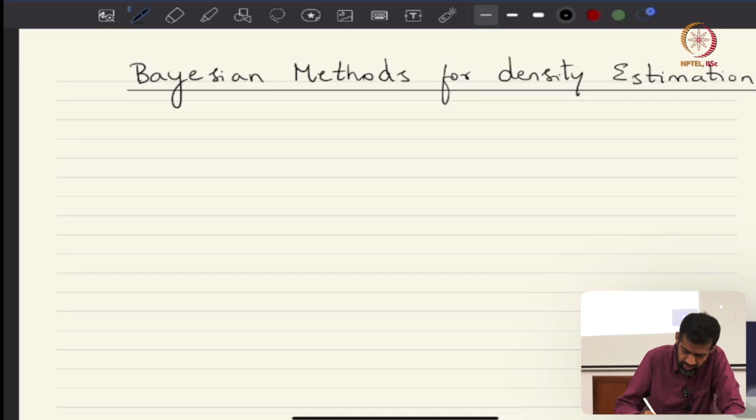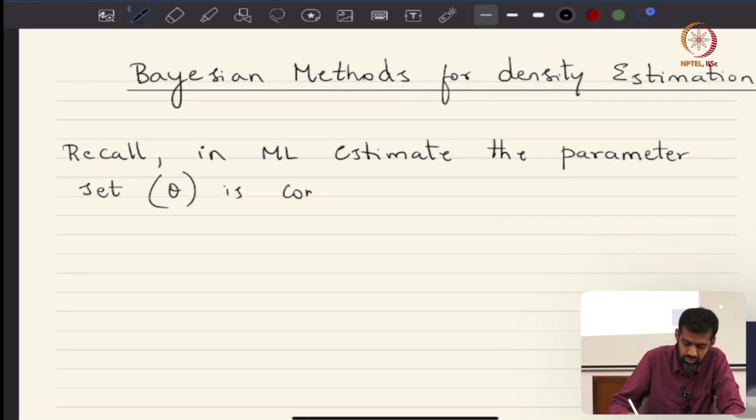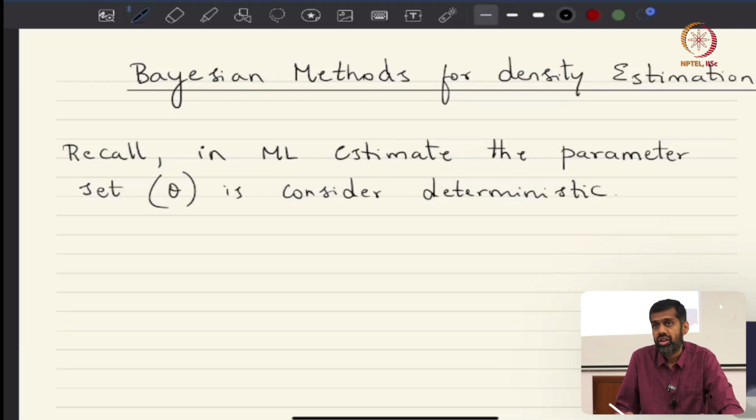Now, recall that in the maximum likelihood estimate, the parameter set, which we were denoting with theta, is considered to be a deterministic variable. What does this mean?